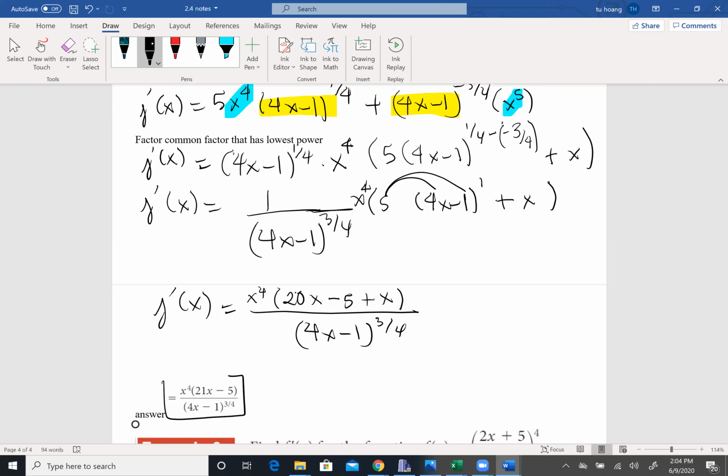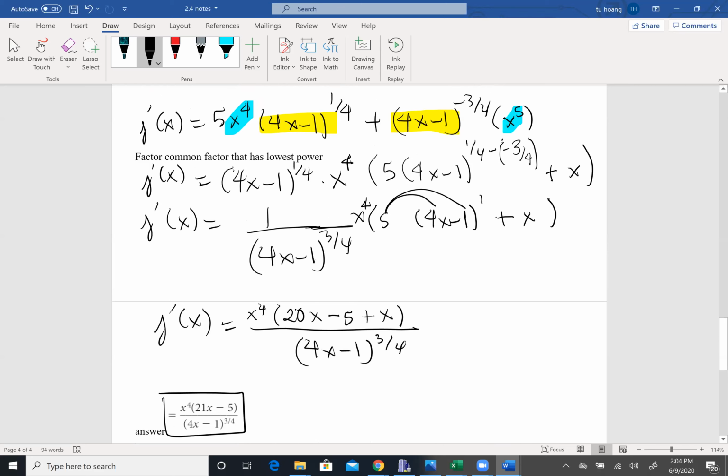So this one is kind of a little bit crazy problem, but in order to handle this problem, there's only one way to do this, and especially in the simplification step, you need to watch out with factoring.